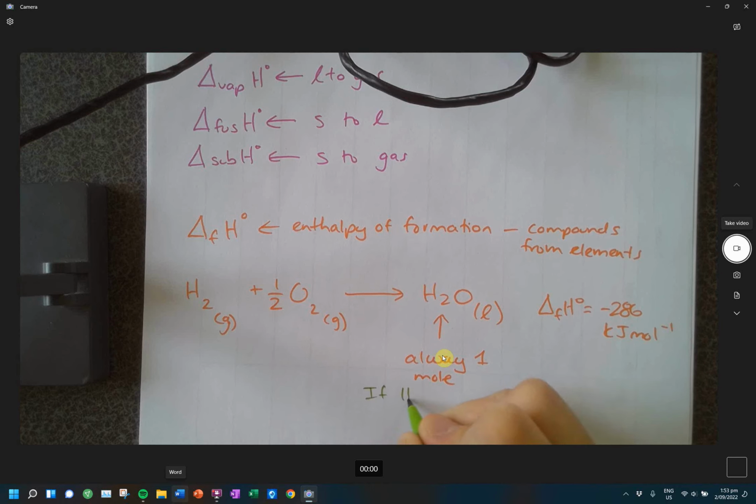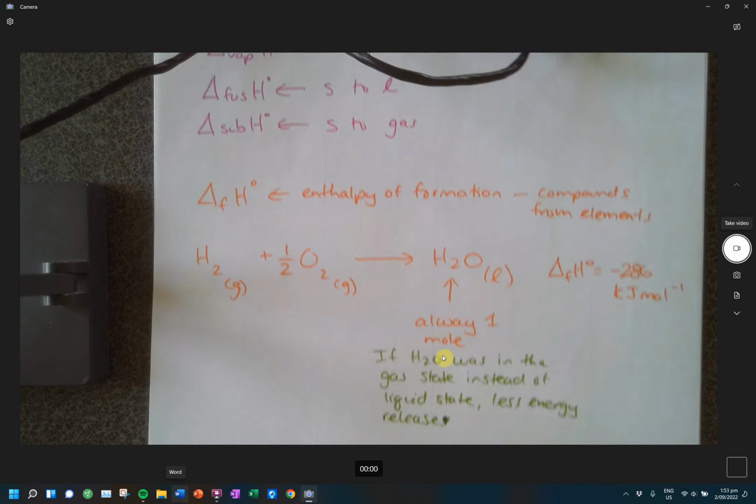If H2O was in the gas state instead of the liquid state, less energy would be released. I'm making a note of this because it is a very common question they ask.